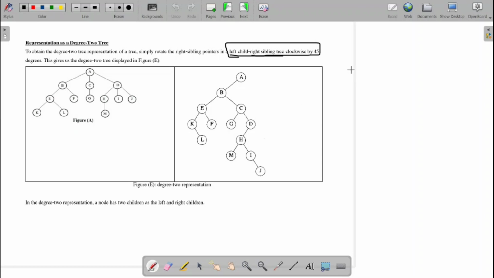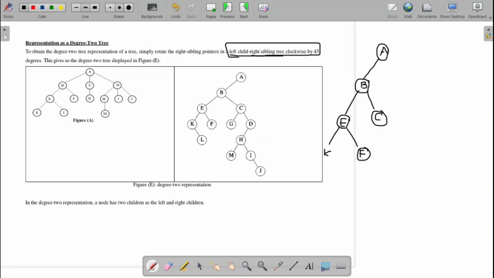So how to construct that? First we start with the root node A. Then towards the left side you will have your left child, that is B. Then to the right side we will have your sibling, that is C. Always towards the left will be your left child, and towards the right will be your sibling. The left child of B is E. For E, on the right side you write its sibling, that is F. On the left side you write the left child of E. What is the left child of E?